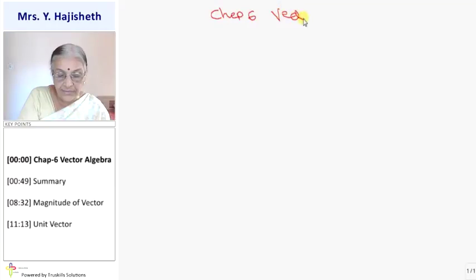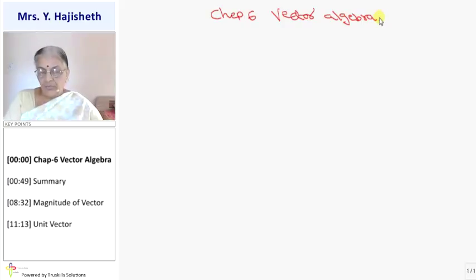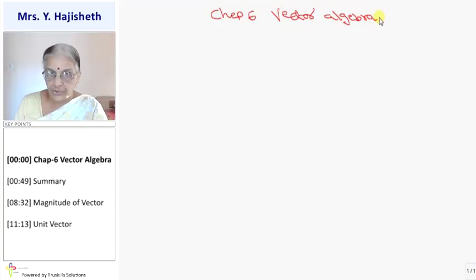Chapter number 6 is Vector Algebra and chapter number 7 is three-dimensional coordinate geometry. So these two topics do not belong to calculus. Calculus के हमने सब topic कर दिए. First was application of derivative, second was indefinite integral, third was definite integral, fourth was application of integration, and fifth is differential equation.